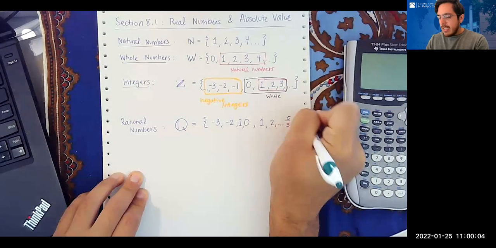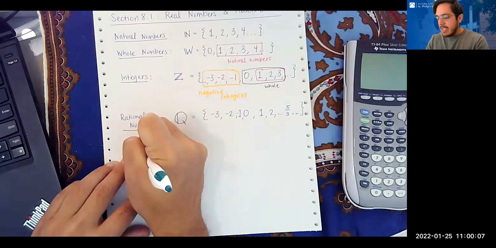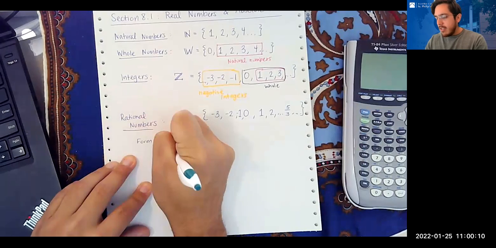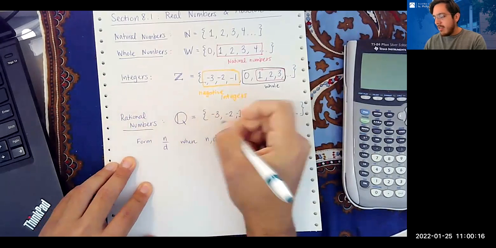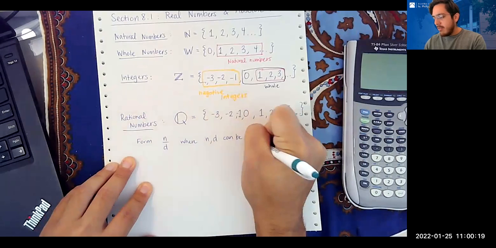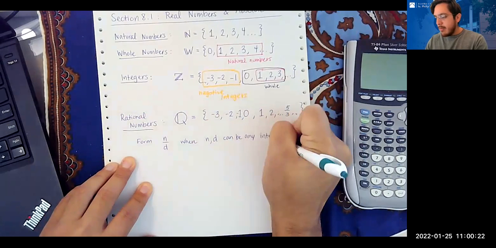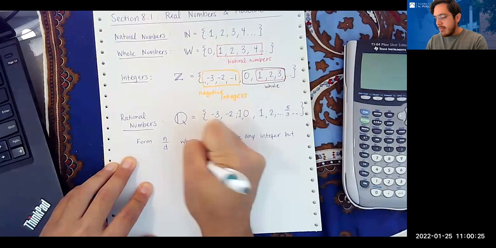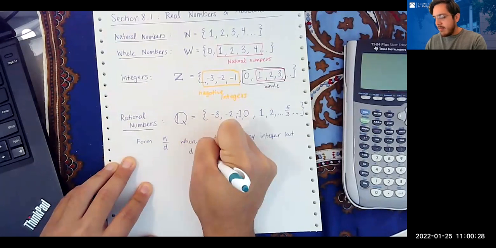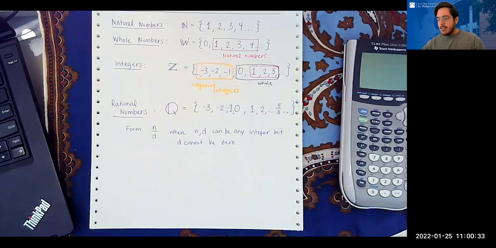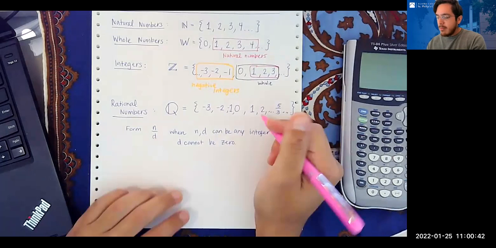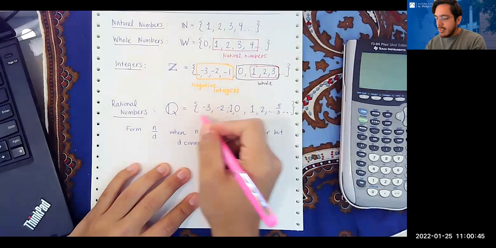And we said that they take the form n/d, where n and d can be any integer, but the denominator cannot be 0. Okay, so this might look very confusing, but all I'm saying here is that inside of the rational numbers, you have all of the natural numbers.